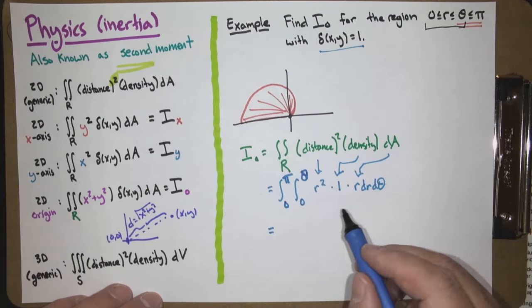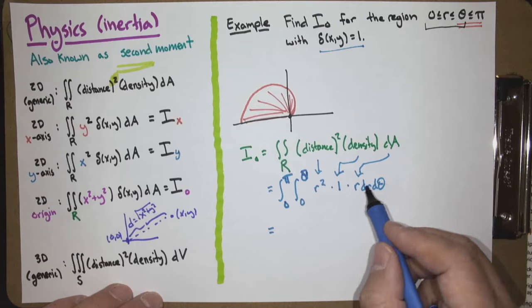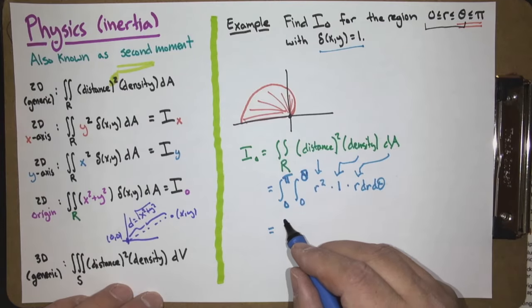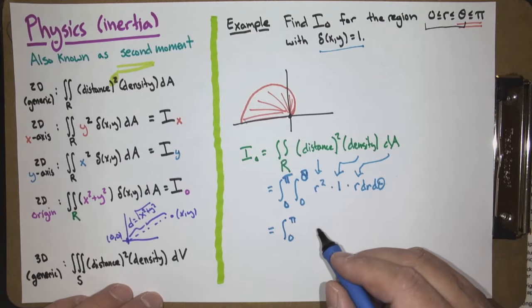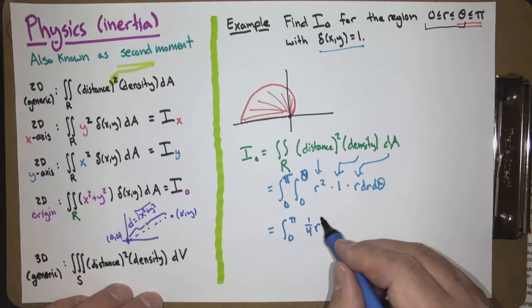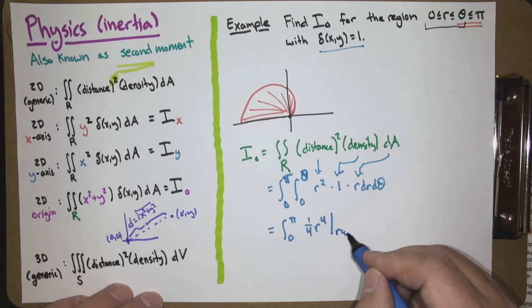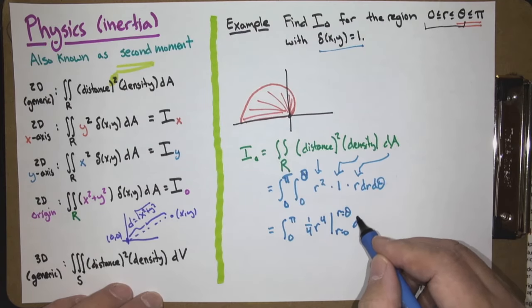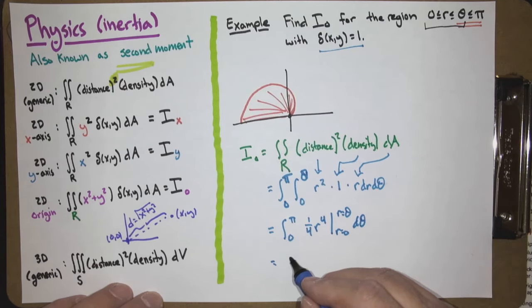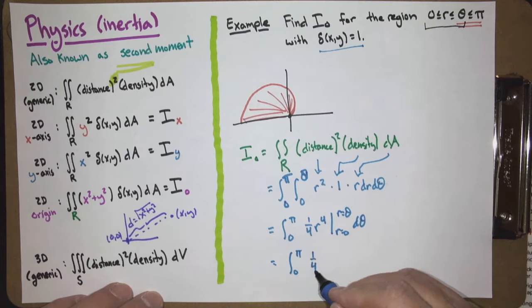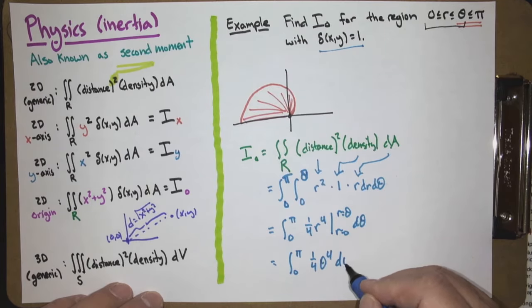Okay. Well, r squared times r is r cubed. What's the integral of r cubed? 1/4 r to the 4th. Evaluate from r equals 0 to r equals theta, d theta. This becomes the integral from 0 to pi of 1/4 theta to the 4th.